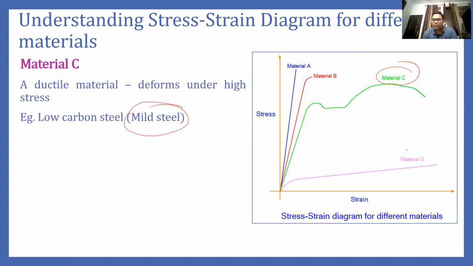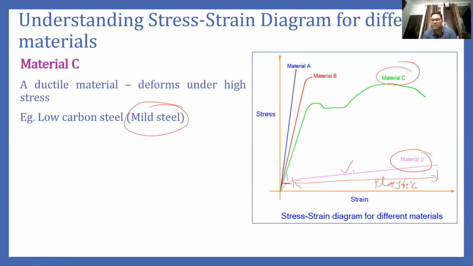Similarly, let us talk about the next material, material D. In this case, you can see this material has a very small elastic region and a very large plastic region. This is the plastic region. You can see that at a very low load, it will deform.